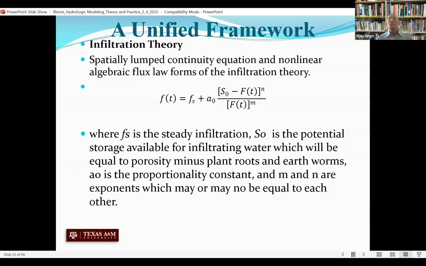So the spatially lumped form of the continuity equation, as I showed you, and then you can define a nonlinear algebraic flux law. So here the flux is the infiltration rate and concentration is the cumulative infiltration. If you take Fs here as the steady state, S0 is the proportionality constant, and S0 is nothing but the maximum soil moisture retention capacity, which is equal to porosity minus plant roots, earthworms, and so on.